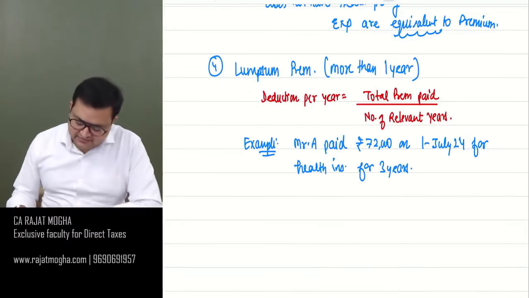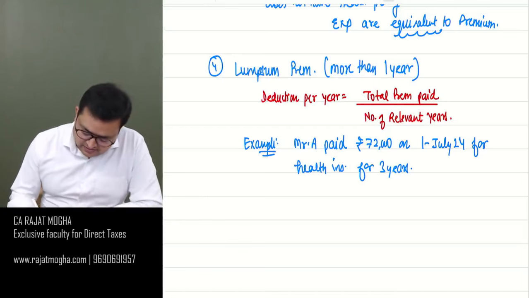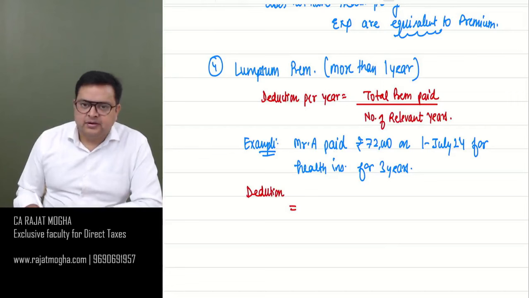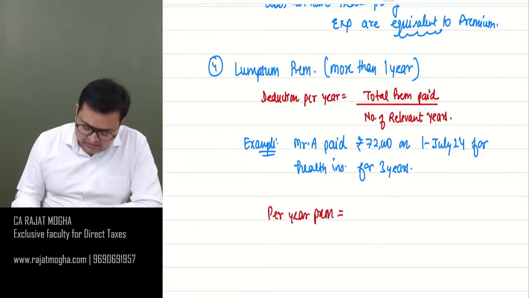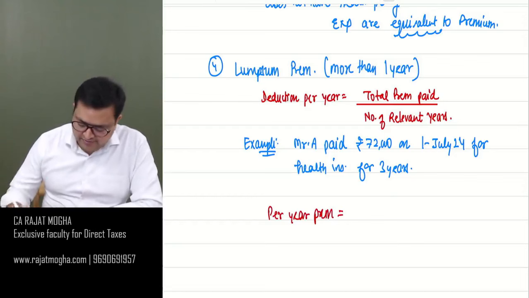So in this case, your per year premium will be total premium paid 72,000 divided by number of relevant years.